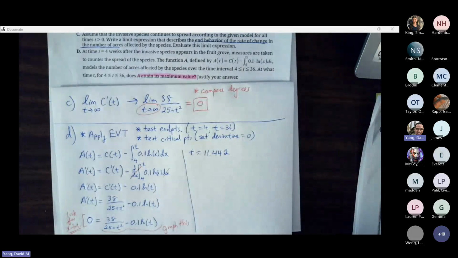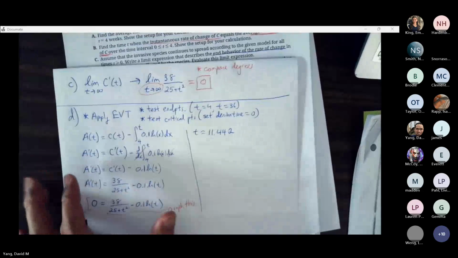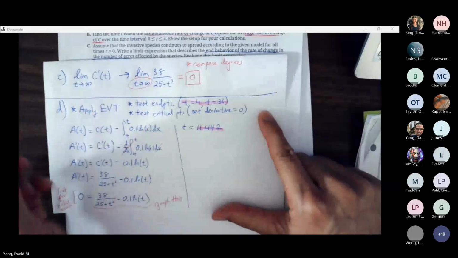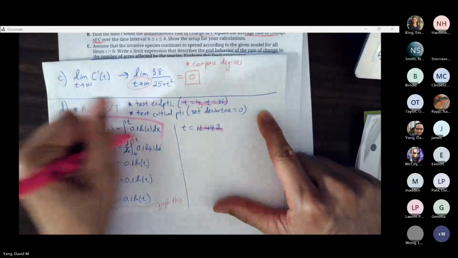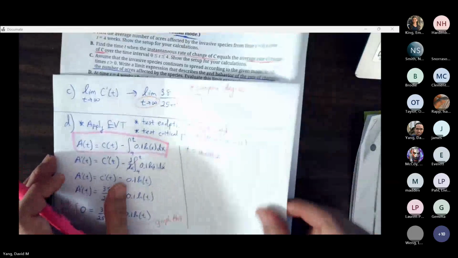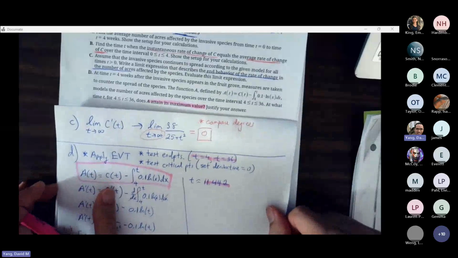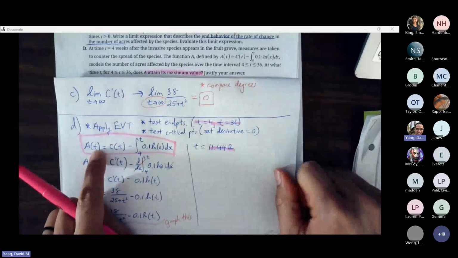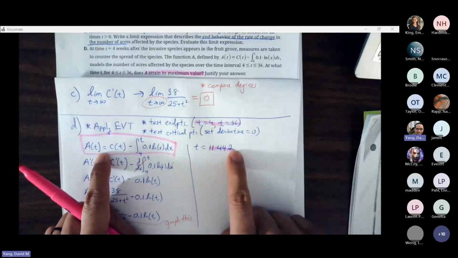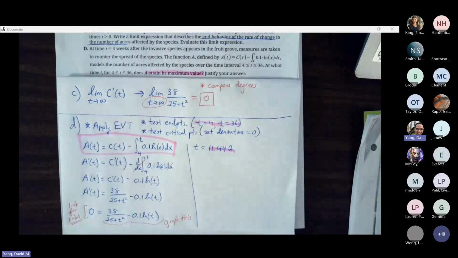So we're going to take these endpoints and critical points, and we're going to put them all back into my A of t equation. Right, because A of t is going to tell me the number of acres that are affected. So is the number of acres going to be affected the most at 4 weeks, 36 weeks, or 11.442? So we're just going to plug into our A of t equation.